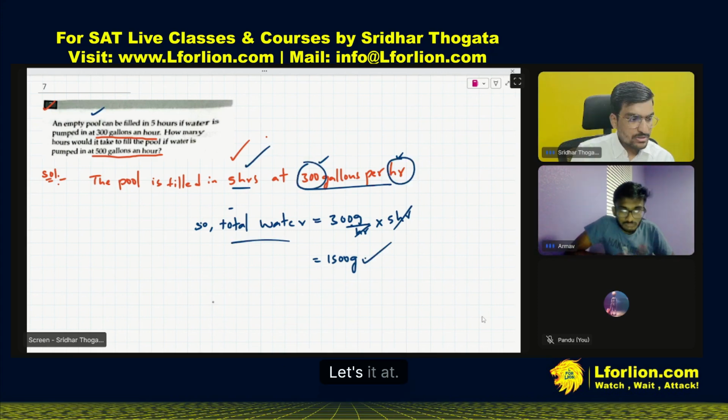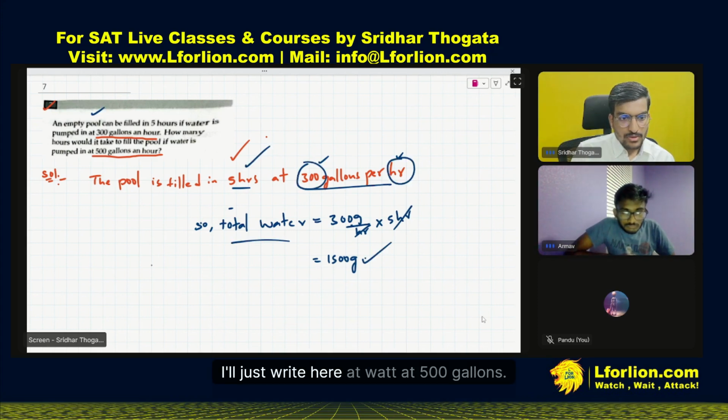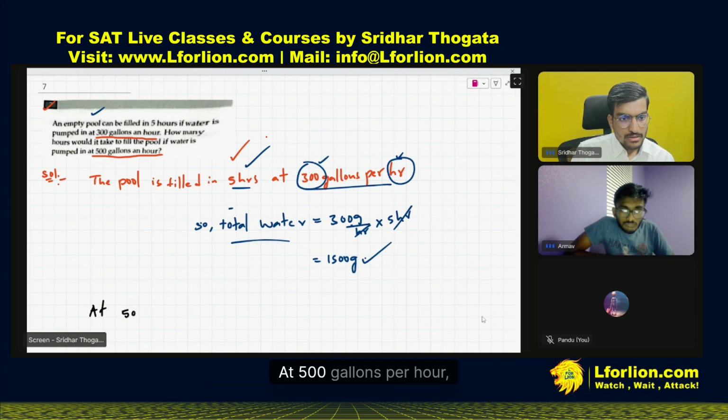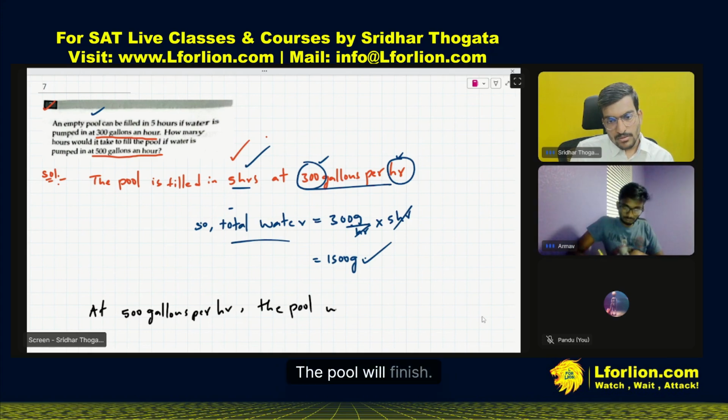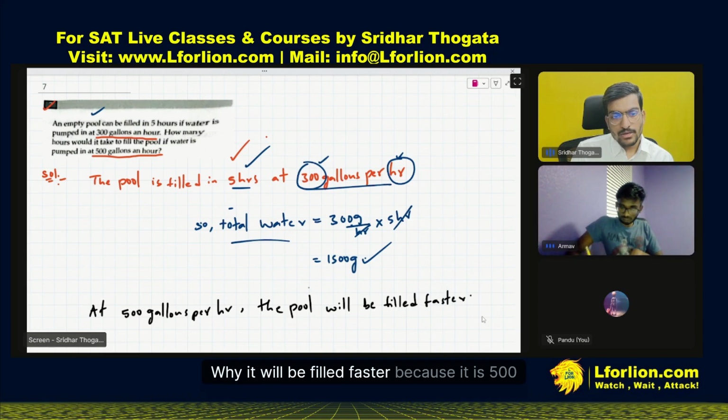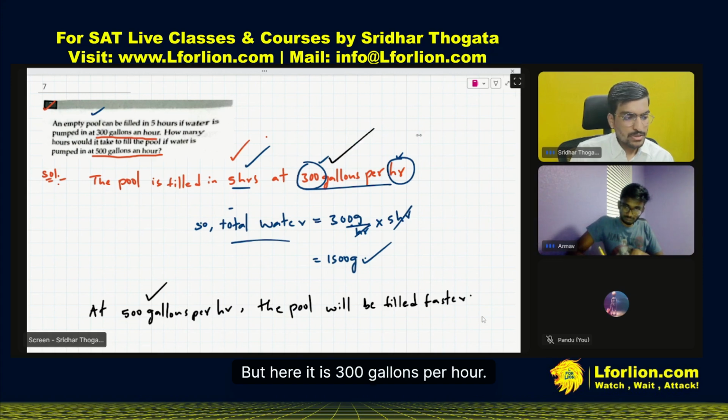So at 500 gallons per hour, the pool will be filled faster. Why will it be filled faster? Because it is 500 gallons per hour, but here it is 300 gallons per hour, right?